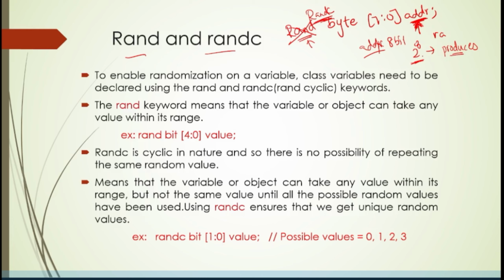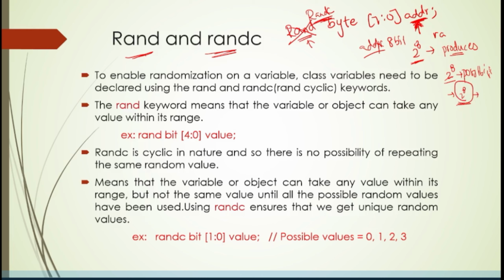When you use the rand keyword, there may be a chance that some of these possibilities will be repeated. But when you use the randc keyword, there is no such case. That means no repetition will take place until all the 2 power 8 possibilities have been covered.